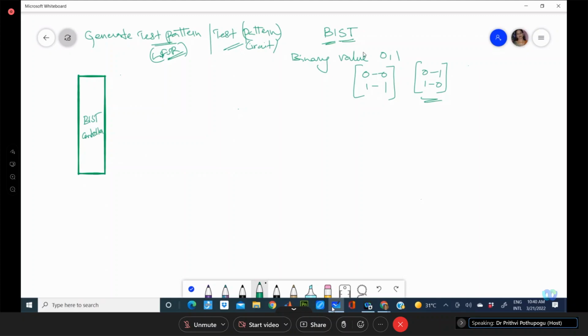A comparison, a simple XOR operation sort of thing, will be taken, wherein your fault-free response and the response of the circuit you are testing are matching or identical. We can say that the circuit is properly working.